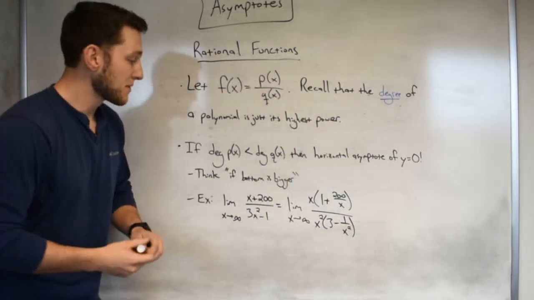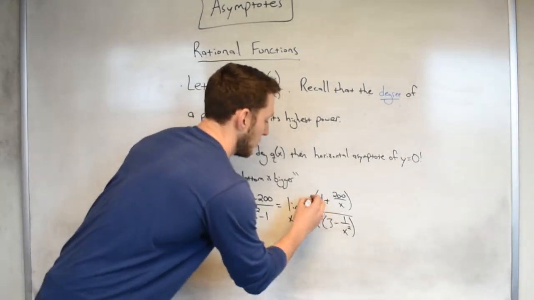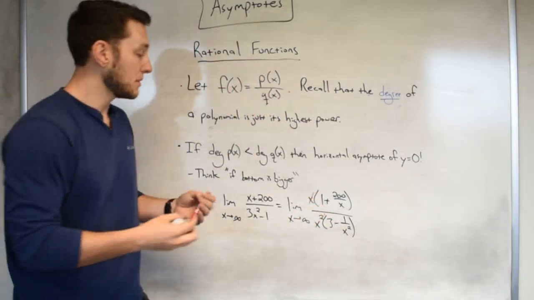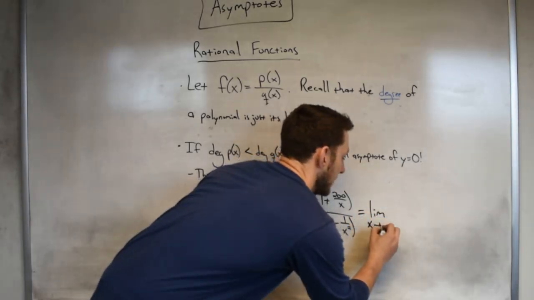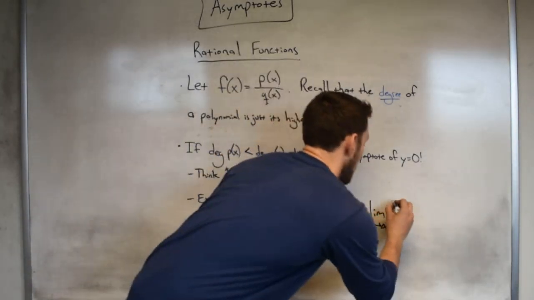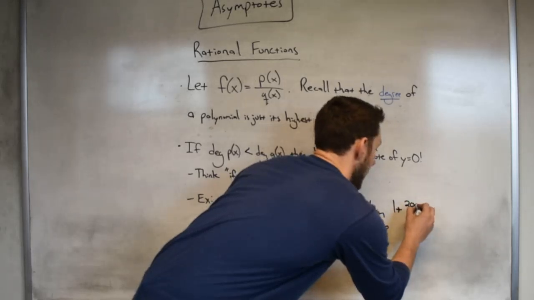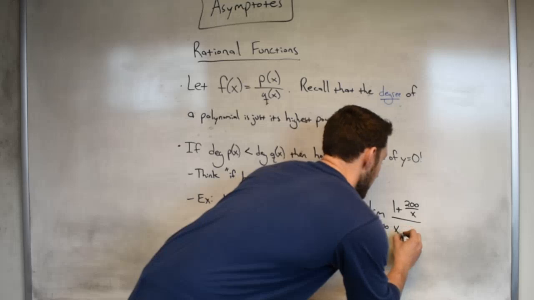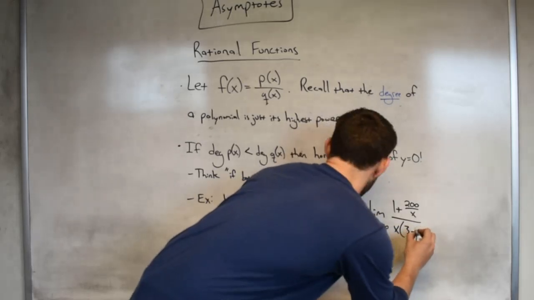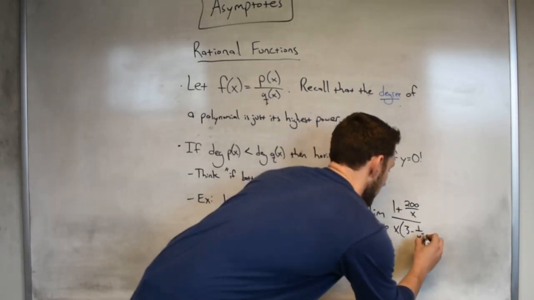The reason this helps is because we can cancel out now 1x from each, leaving me with the limit as x approaches infinity of 1 plus 200 over x divided by x times 3 minus 1 over x squared.